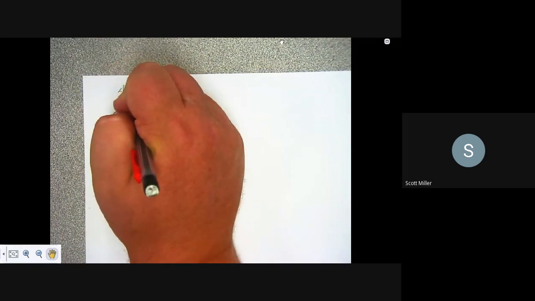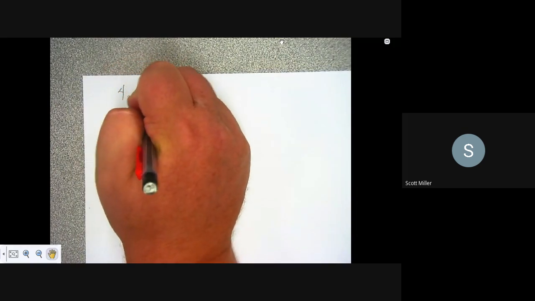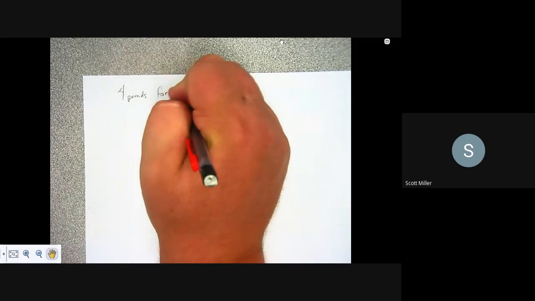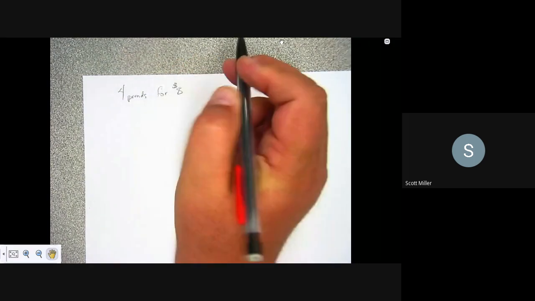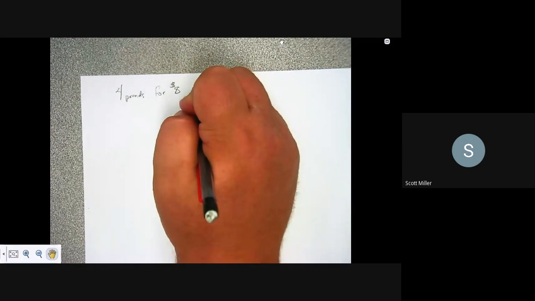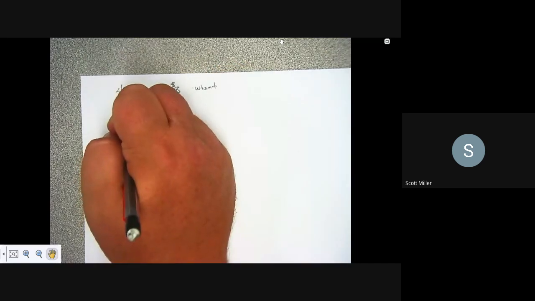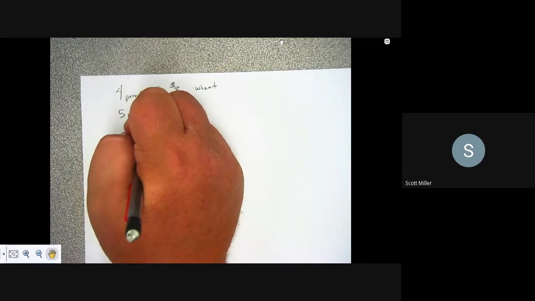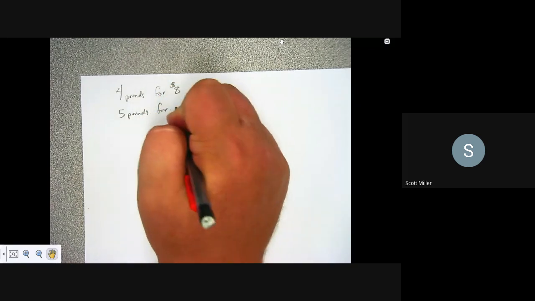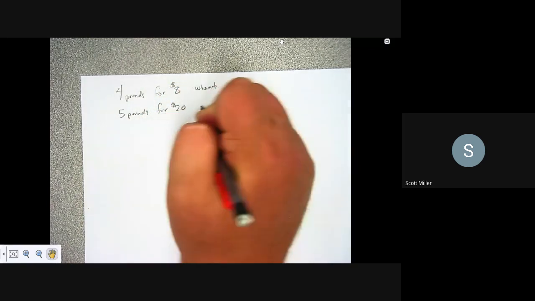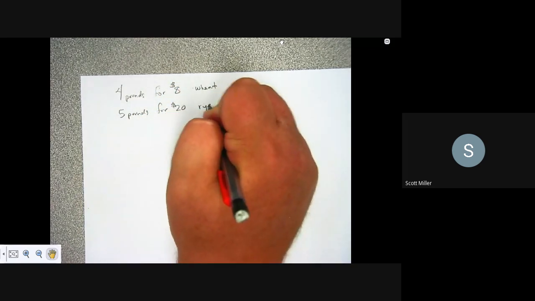You get 4 pounds for $8. This is for wheat. You can get 5 pounds for $20, and that is rye. He has $12 to spend.